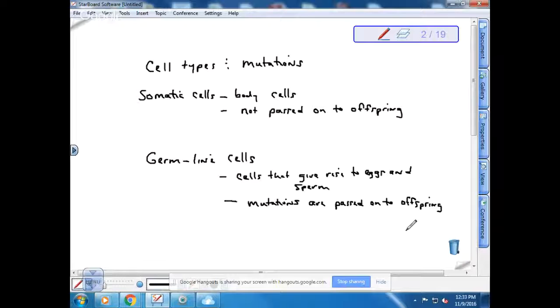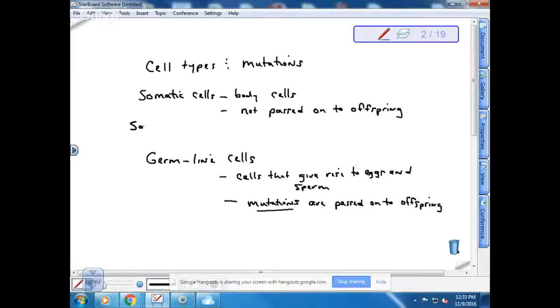But these are also the mutations that are important evolutionarily, right? Because these are the ones that get passed on to the next generation and might be important in future survival. So we have germline mutations versus somatic mutations. So we write that.